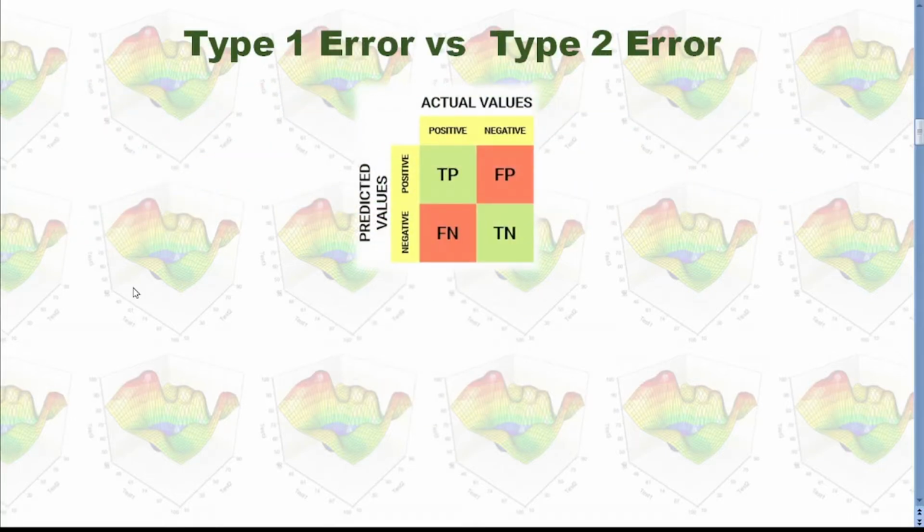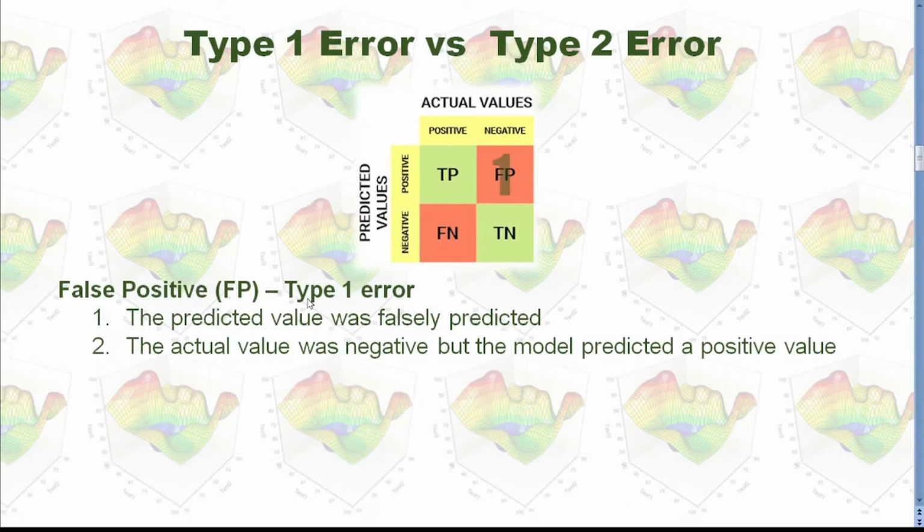When our model made mistakes, there are two types of errors, type 1 error and type 2 error. Type 1 error is when we have false positive.